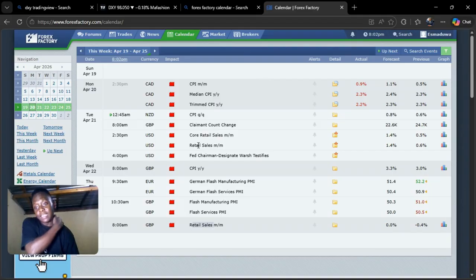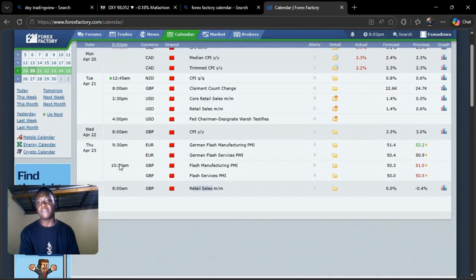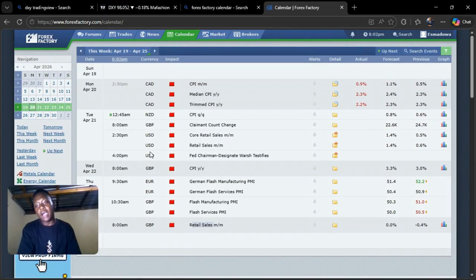So now that we know we have these kinds of events and the times that are going to affect the market, we are prepared to analyze the market.